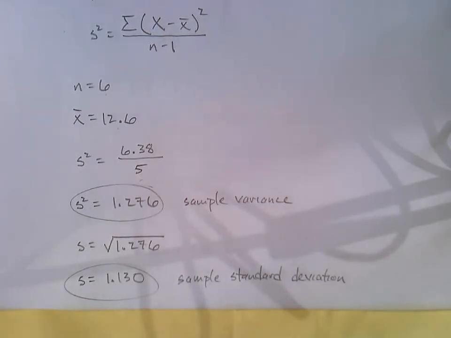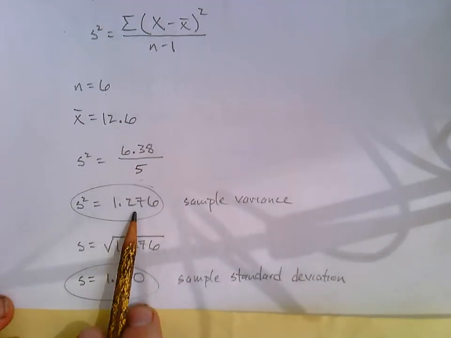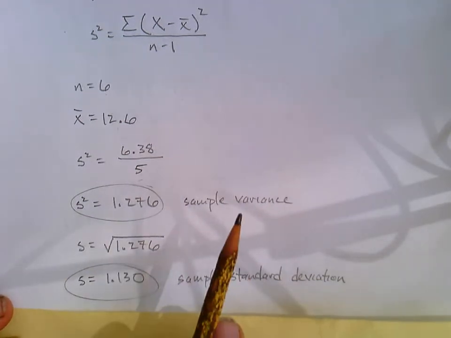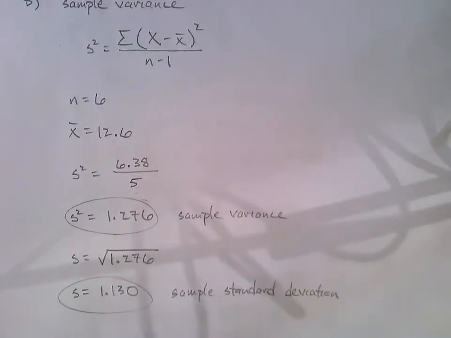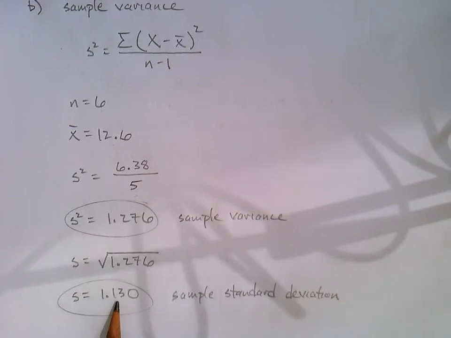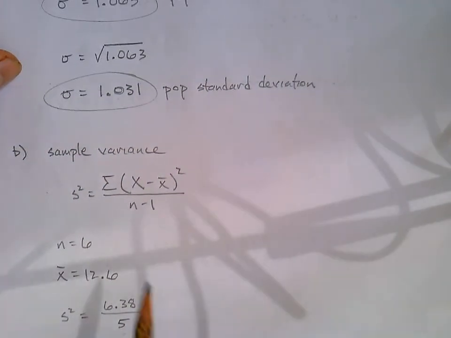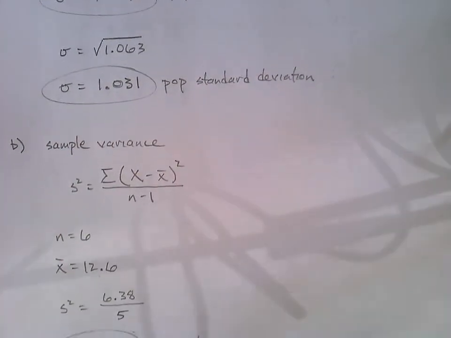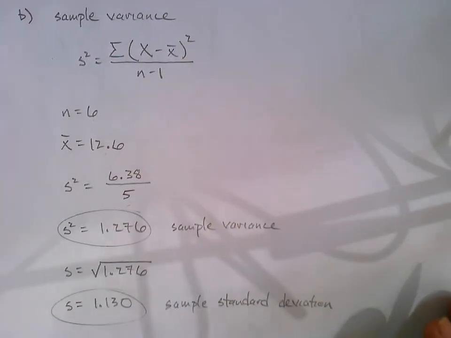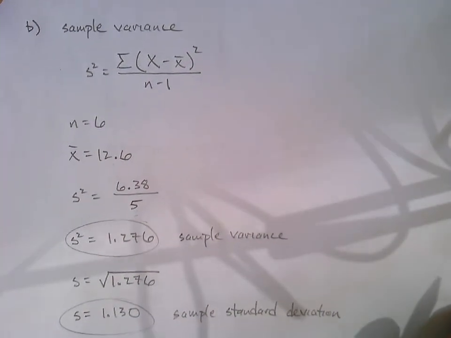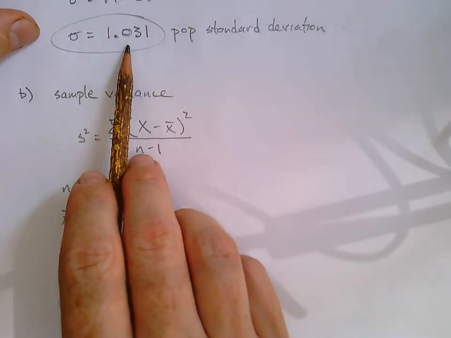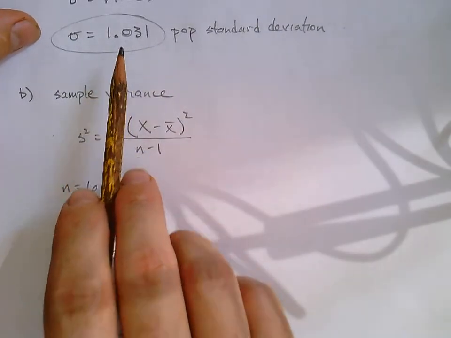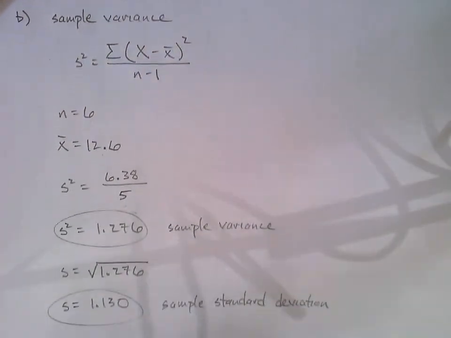Now what's going on here? Compare these numbers to the equivalent numbers we got for the population. Let's just look at the standard deviation, 1.130. Before we got 1.031. A lot of ones and zeros and threes, kind of a side note. Did this number get bigger or smaller when we did the sample? It got a little bit bigger, right?